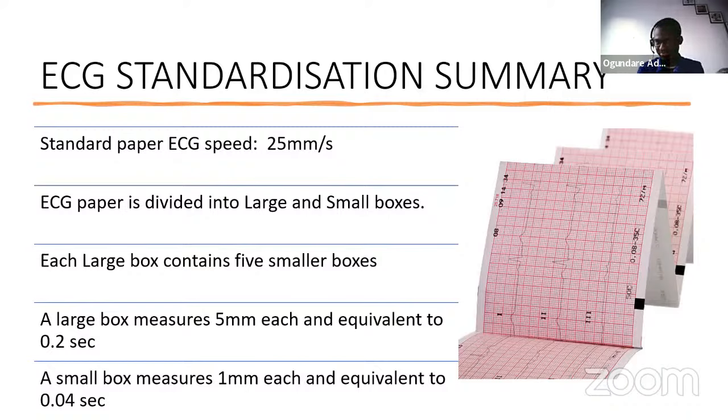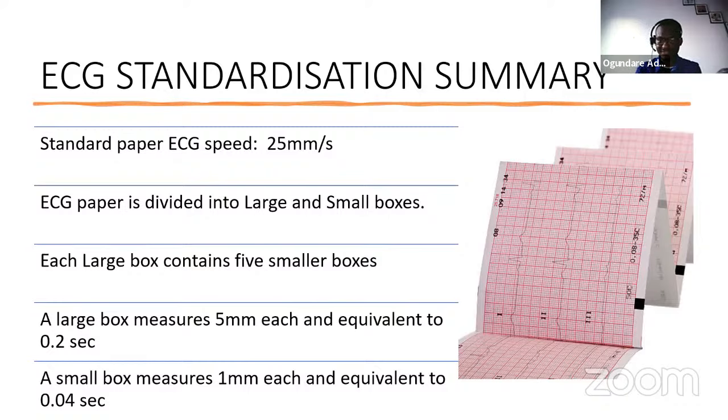0.04 seconds. From our next class, we are moving gradually into the application part of ECG interpretation. We're going to be talking about how you can calculate heart rate from ECG reports. Very simple. There are about 3-4 methods to get that done.